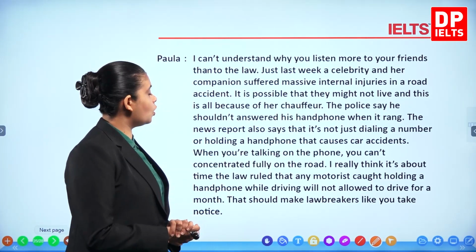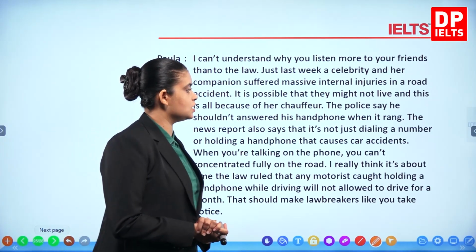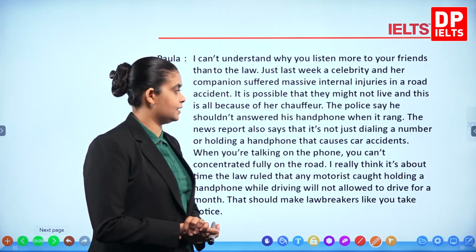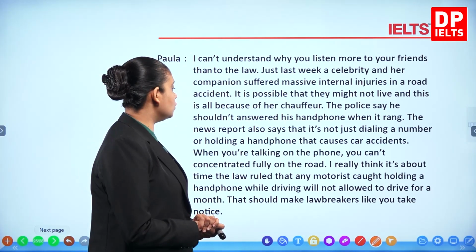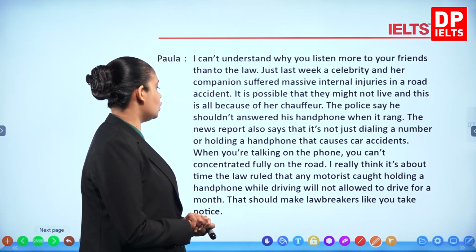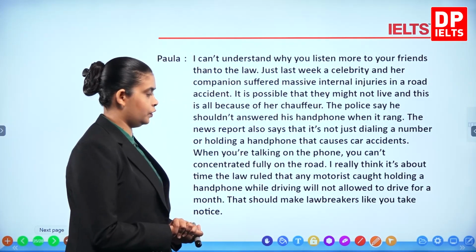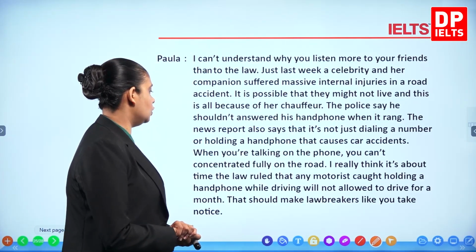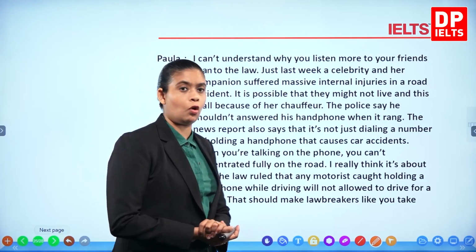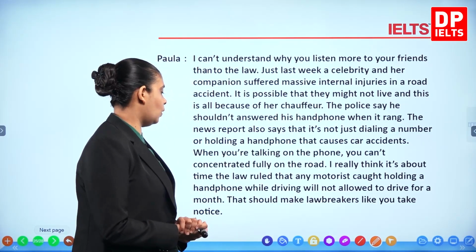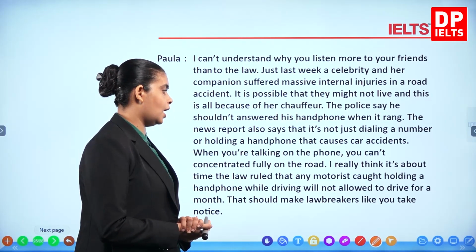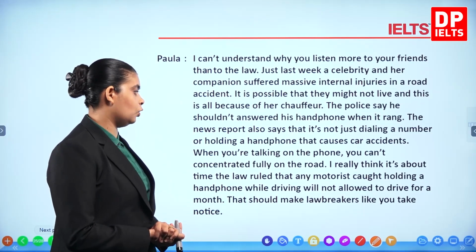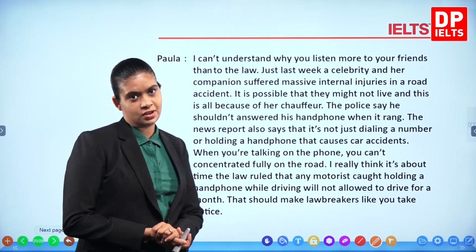The news reporter also says that it's not just dialing a number or holding a handphone that causes car accidents. When you're talking on the phone, you can't concentrate it fully on the road. I really think it's about time the law ruled that any motorist caught holding a handphone while driving will not allowed to drive for a month. That should make lawbreakers like you take notice.